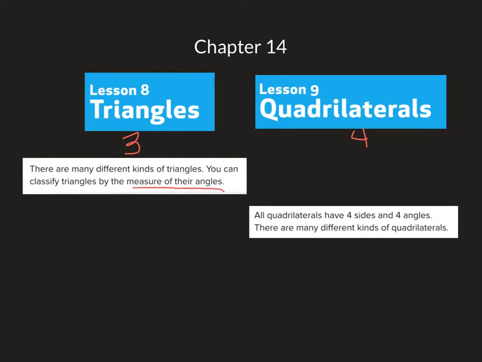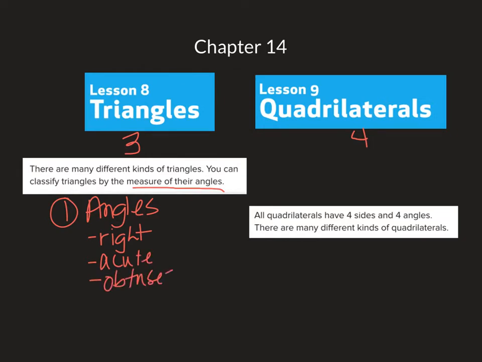So there's two ways to classify triangles. One way is angles, and those are right triangles, acute triangles, and obtuse triangles. And then there's another way to classify triangles that we will get to next year. If you were in my class last year, we did it last year.